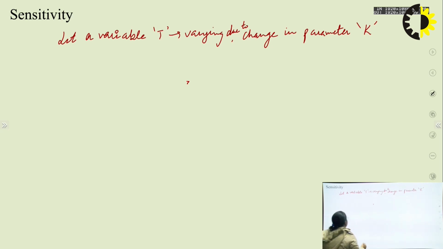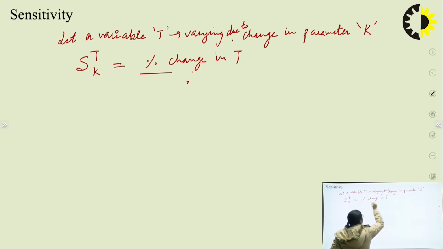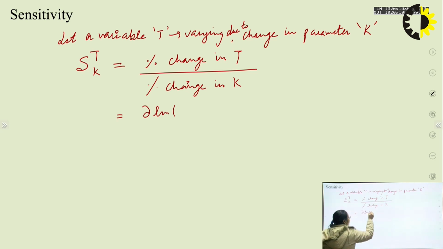So the sensitivity can be expressed as S of T with respect to K will be equal to the percentage change in parameter T with respect to the percentage change in parameter K, that is delta of ln of T upon delta of ln of K.